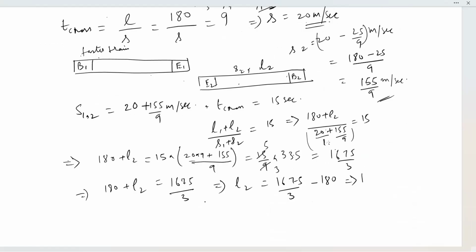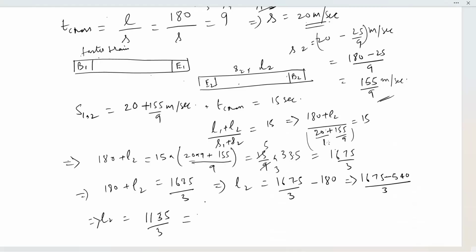This comes 1675 minus 540, I'm sorry, by 3. So L2 is equal to 1135 by 3.